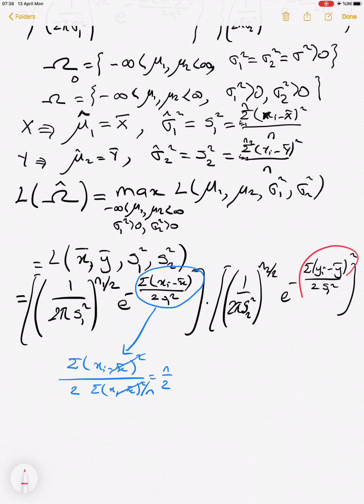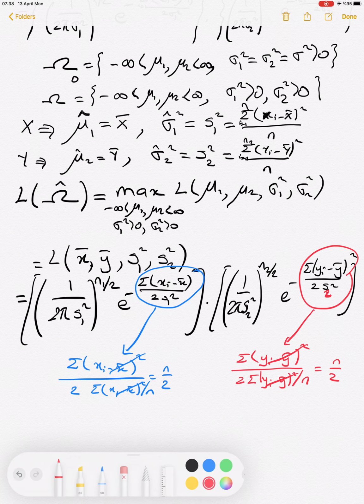Now focus on this part: we have summation yi minus y bar whole square divided by 2 s2 square. Let's open up s2 square, which is summation yi minus y bar whole square divided by n2. Again, this one and this one cancel out and we have n2 over 2.